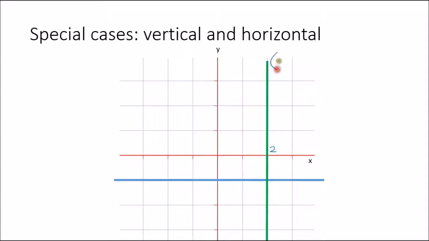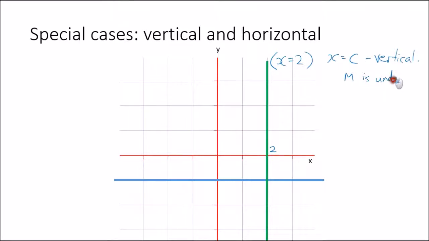So the equation of that line is x equals 2. Now x equals C lines, so x equaling any number, are vertical. Remember we've talked about gradient being a property of lines. Well, the gradient of these lines is undefined.